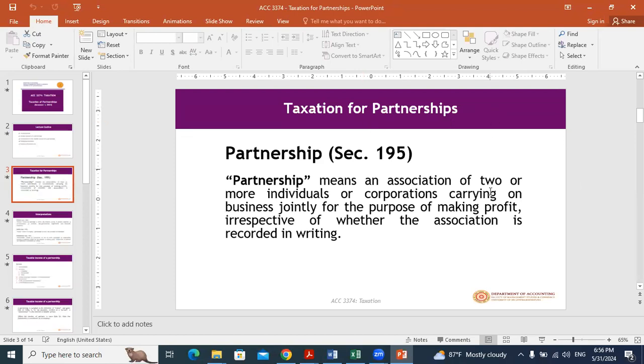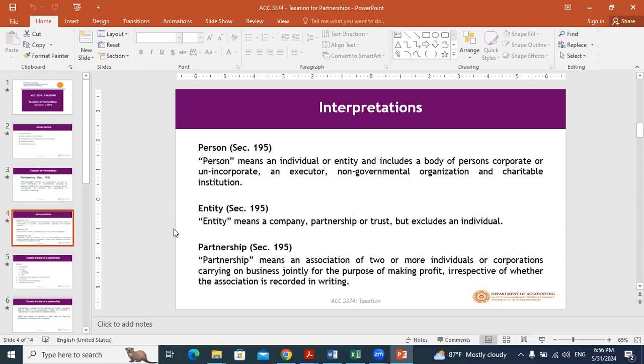So it means an association of two or more individuals or corporations carrying on business jointly for the purpose of making profit. Either an individual and a corporation, or two corporations get together and form a partnership. So this is the definition that I told you.